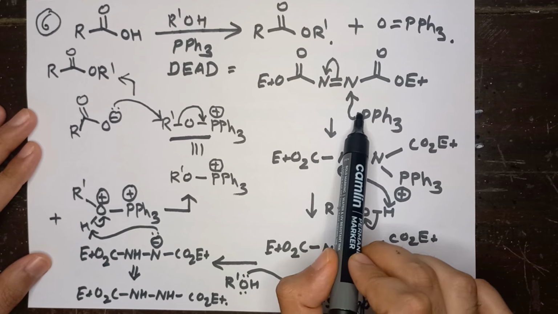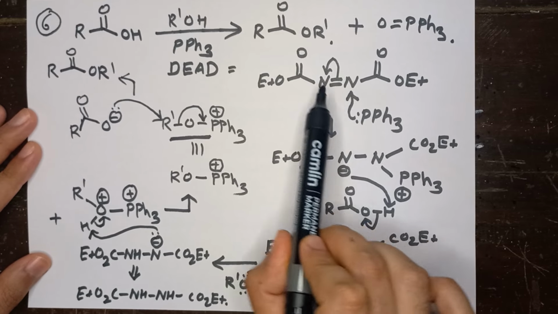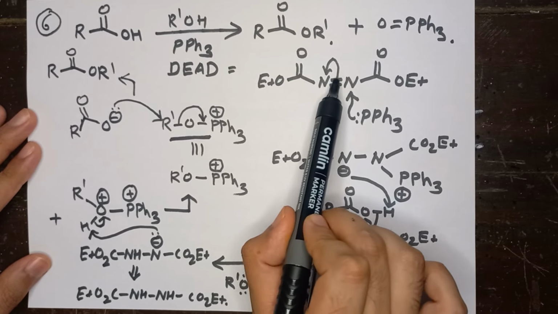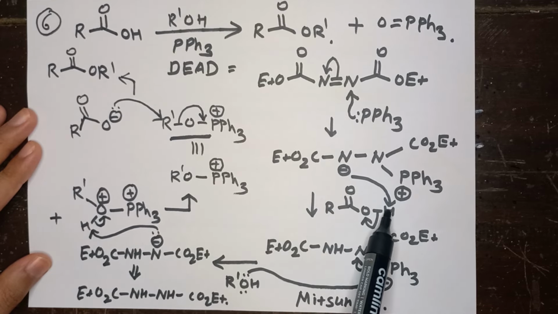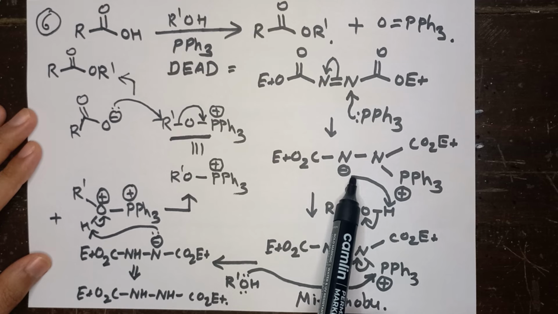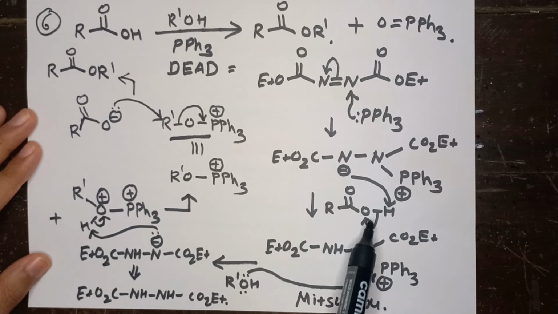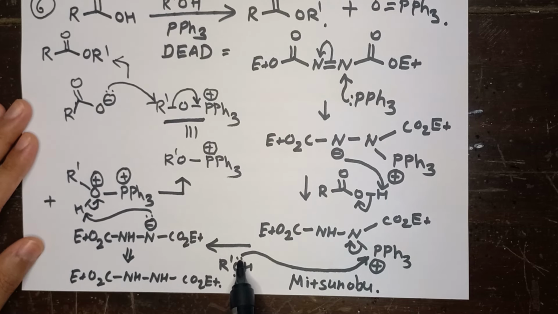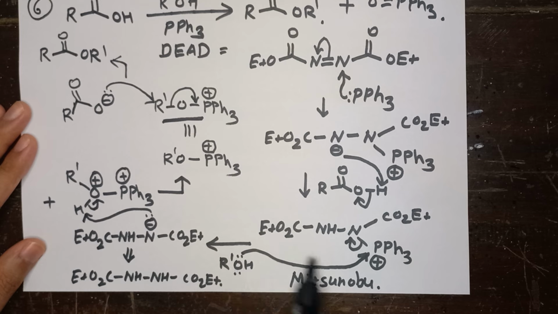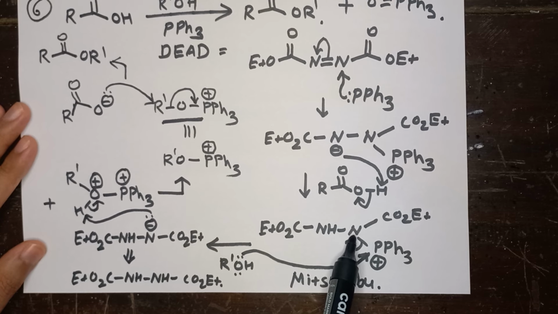So PPH3 with its lone pair will attack at this nitrogen, and this double bond nitrogen will get a negative charge here. Now acid will come, and this nitrogen with its negative charge will grab this acidic proton, will generate a carboxylate anion. Okay, and then in next step alcohol will come, and this oxygen lone pair will bond with phosphorus and will break this bond, and this bond pair will fall on nitrogen atom.